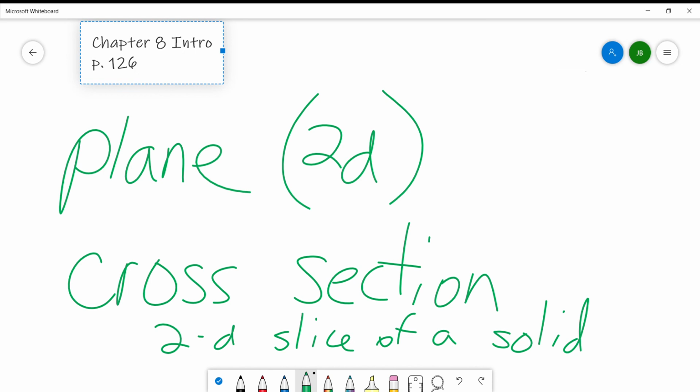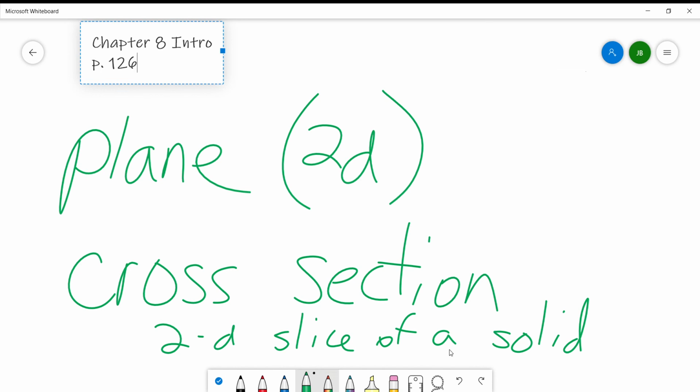I want to do something different. Look at page 100.